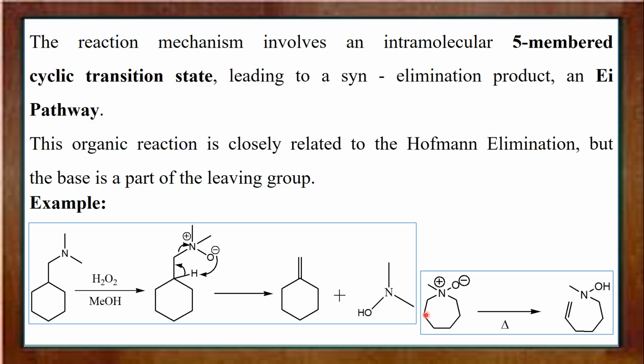So from this beta carbon O minus removes a proton, and this nitrogen takes up the bonded electrons, resulting in the formation of an olefinic double bond. This is another good example for Cope elimination. As I said, Cope elimination is very important for examinations.